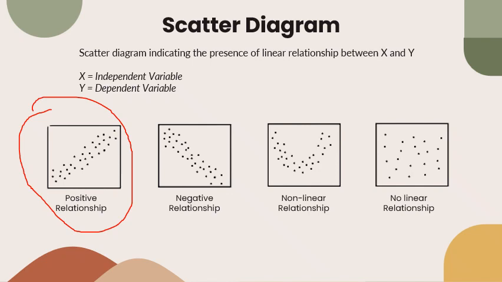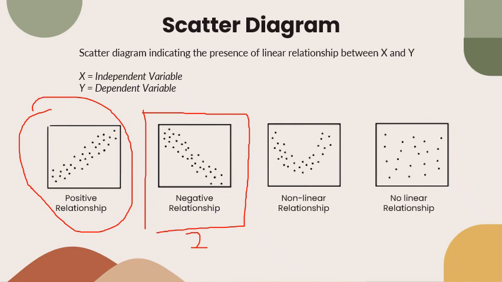And then a negative relationship, we can see in the second diagram. It starts from the left and goes down to the right, and the gradient indicates a negative slope.